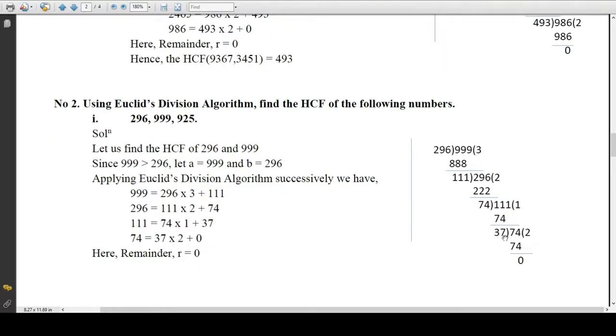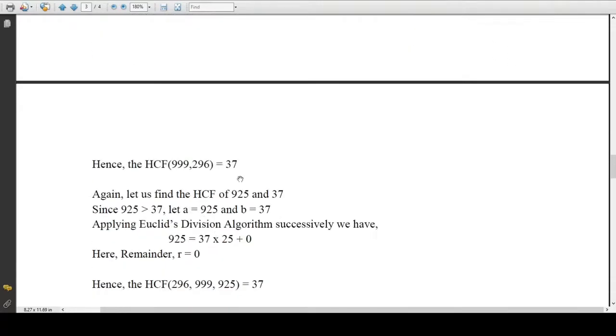Okay, now this 37 you take with 925, the third number, and find the HCF between these 2, 37 and 925. Here 925 is greater than 37, you will take A as 925 and B as 37.